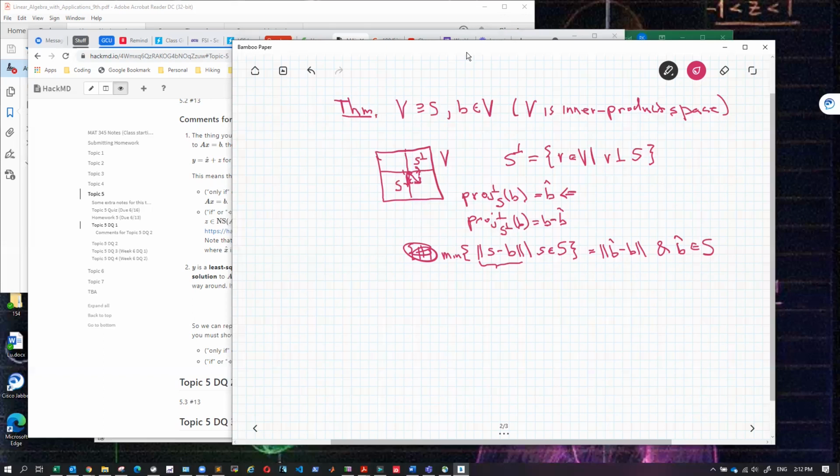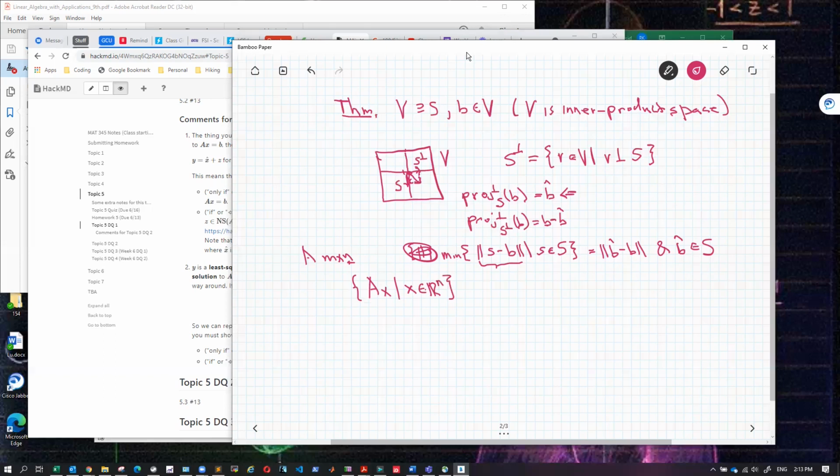In our case, we don't have an arbitrary S here. We're looking at the set of all Ax, where A is m by n, so its inputs are in Rn. So we want x in Rn.